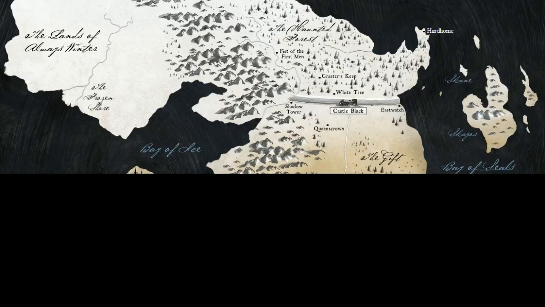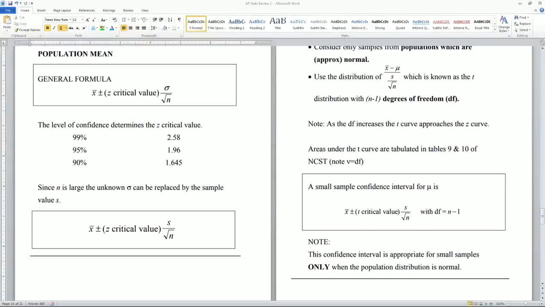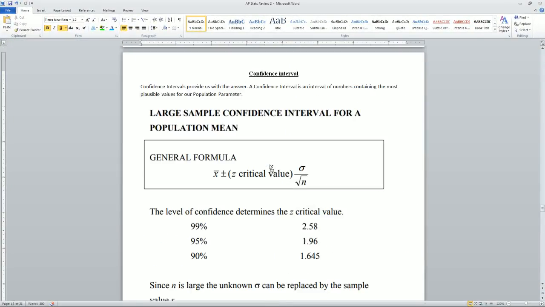So the sigma is for the population or the sample? Hold on, it's going to go back on the screen. The X bar refers to your sample's average, your sample's mean. This is the standard deviation for your sample, correct?